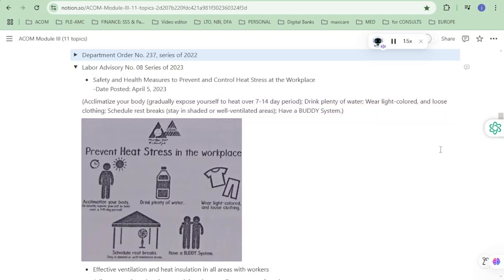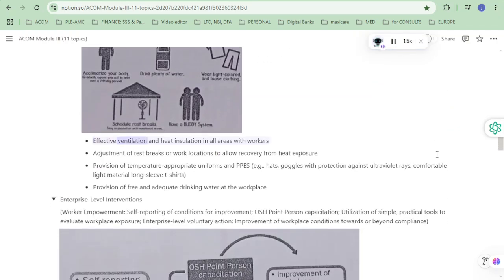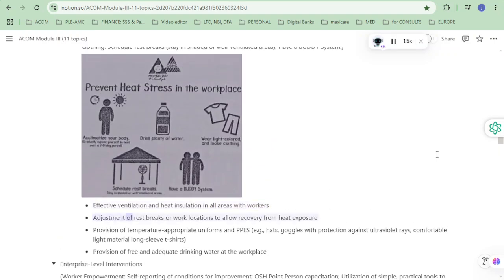Effective ventilation and heat insulation in all areas with workers. Adjustment of rest breaks or work locations to allow recovery from heat exposure. Provision of temperature-appropriate uniforms and PPEs, for example hats, goggles with protection against ultraviolet rays, comfortable light material long-sleeve t-shirts.